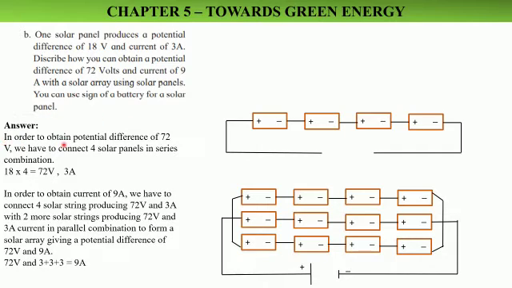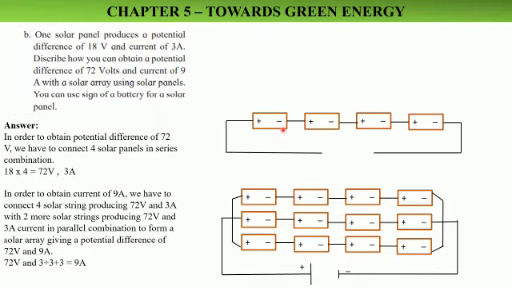So in order to obtain a potential difference of 72 volts, we have to connect 4 solar panels in series combination. So here we have 4 solar panels connected in series combination. Potential difference across each of these is 18 volts.